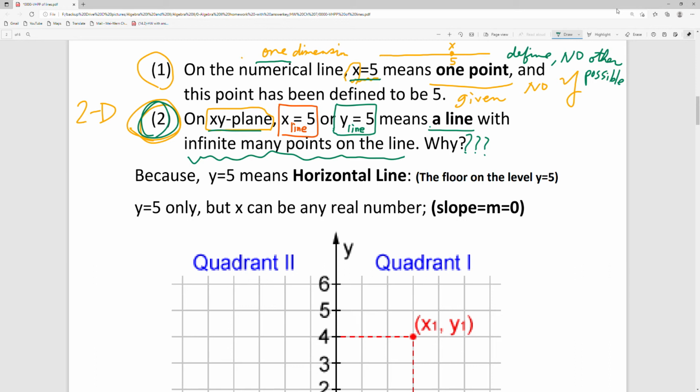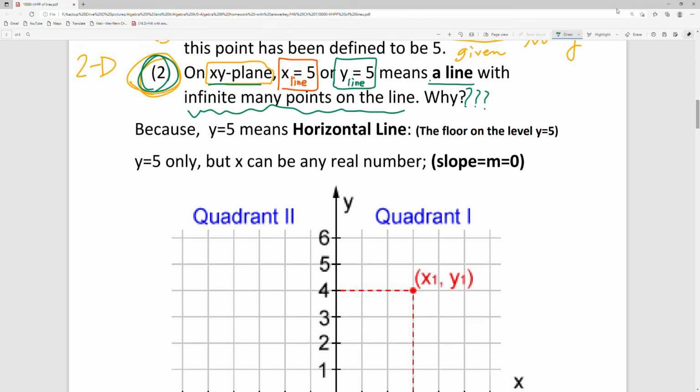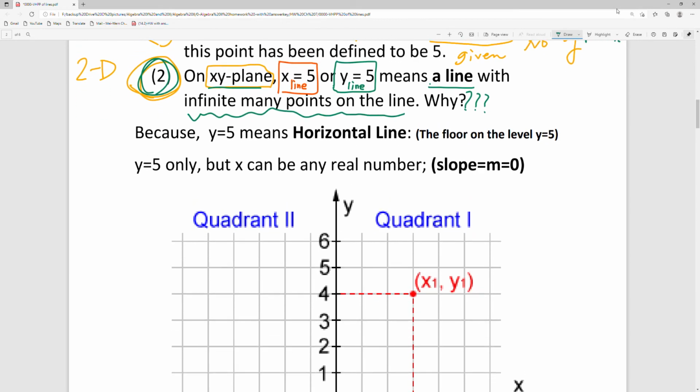Now on the xy plane, when it says x equals 5, that means no other choice, x needs to be 5. But did they say what y is? Did they talk about y equal to something? They didn't.